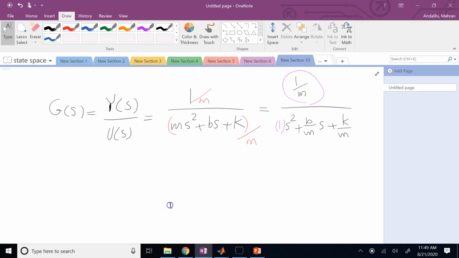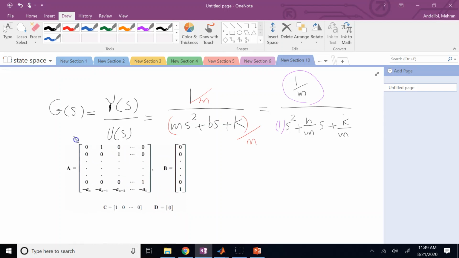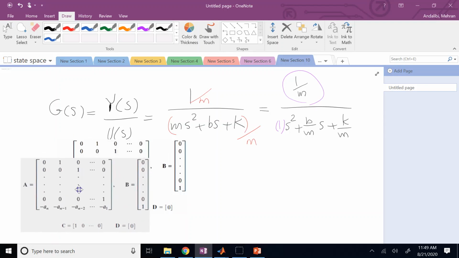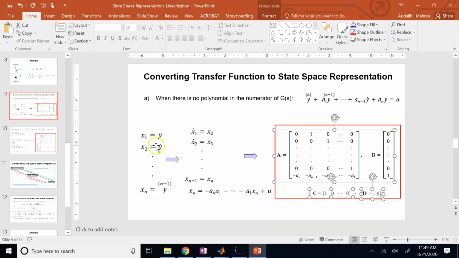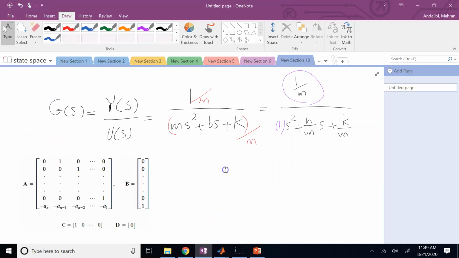Now this method says, first of all, how many variables you should choose? As this method says, you should just choose as many as the order of the ODE or the order of the denominator polynomial.